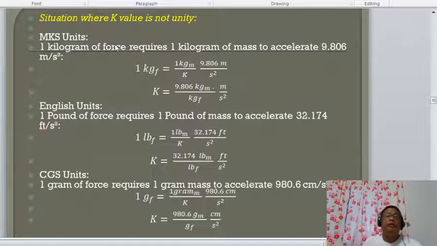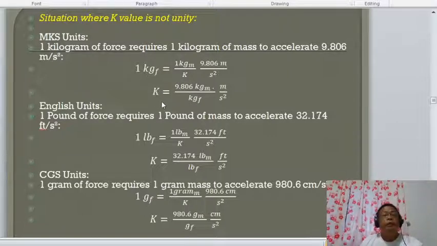So rearranging now the equation, the constant of proportionality here is equal to 9.806 kilogram mass. The subscript m here represents a mass. And then acceleration is meter per second square. And here in the numerator, the subscript F represents a force. So take note. The force is different from a mass.